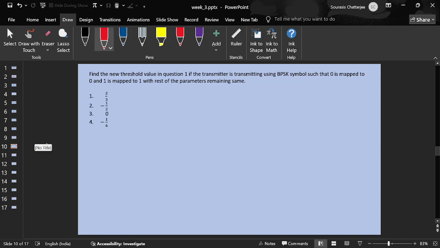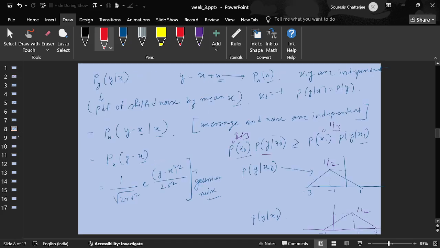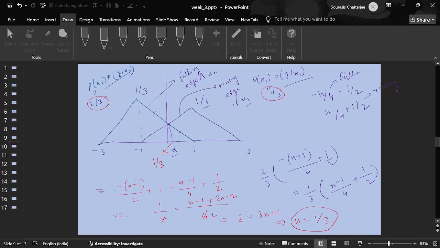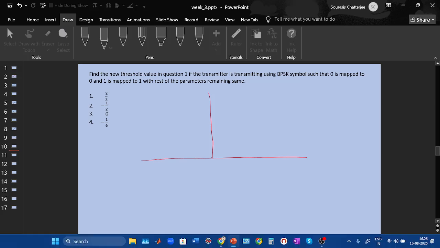What do you think I need to change in this question if I would like to draw the a posteriori PDFs here, compared to this figure? What is going to change in this question number 10?